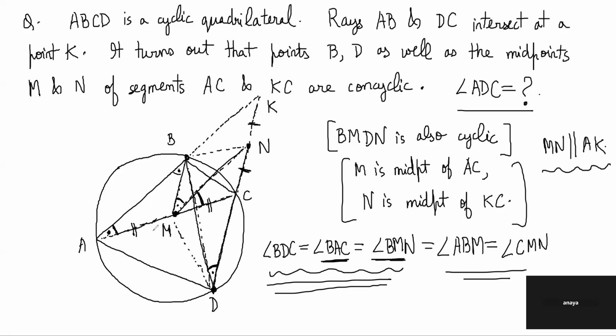What are you looking at? I was looking at the ones we wrote down and I didn't see any of those in the same triangle, so I was confused for a sec. You should look at it in the diagram. So how are you not seeing that there are 2 angles in the same triangle here? Yeah, BAM and ABM. So that tells us that it's isosceles.